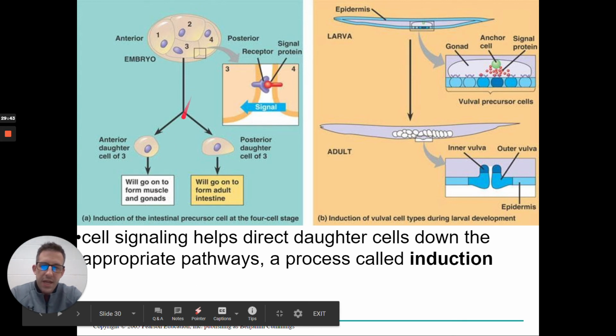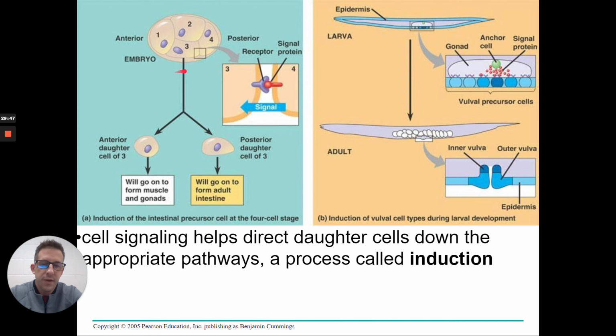So in the development of our friend the nematode up here, very early on, researchers figured out that even at the 4-cell stage, there's a very important piece of positional information shared between 2 cells that will ultimately affect the developmental fate of different organ systems within the nematode.